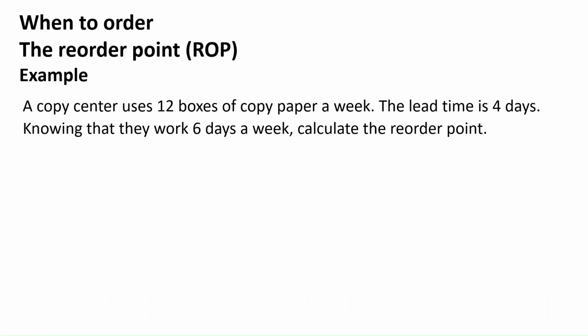Example: a copy center uses 12 boxes of copy paper a week. The lead time is 4 days. Knowing that they work 6 days a week, calculate the reorder point. The given are the demand rate D equals 12 boxes per week and the lead time LT equals 4 days. Demand and lead time must be expressed in the same time units, so D must be divided by 6 to convert week into day, as 1 week equals 6 working days.